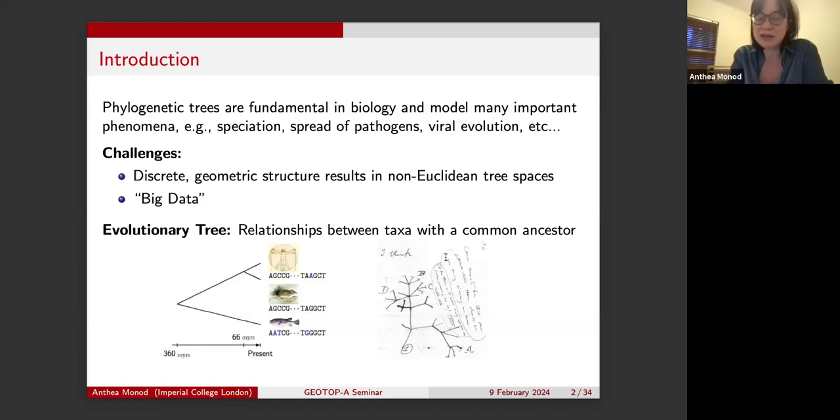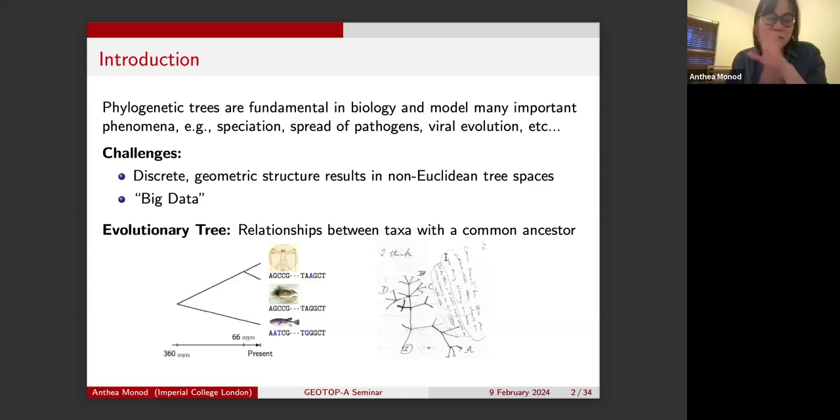The idea here is that it's a graph that basically captures evolutionary behavior. This can be speciation, as in Darwin's birds, or it's also used to measure the spread of pathogens, viral evolution, cancer evolution. Pretty much every single evolutionary behavior in biology is captured by a phylogenetic tree. And so these are very important data structures.